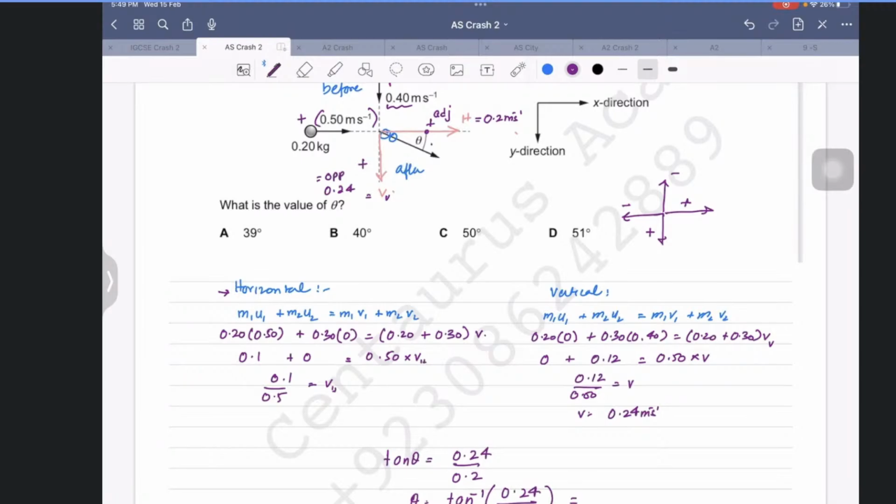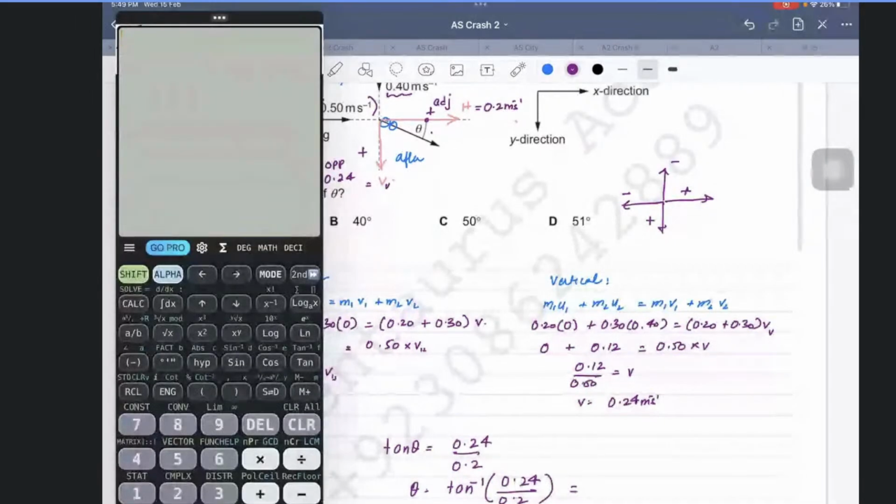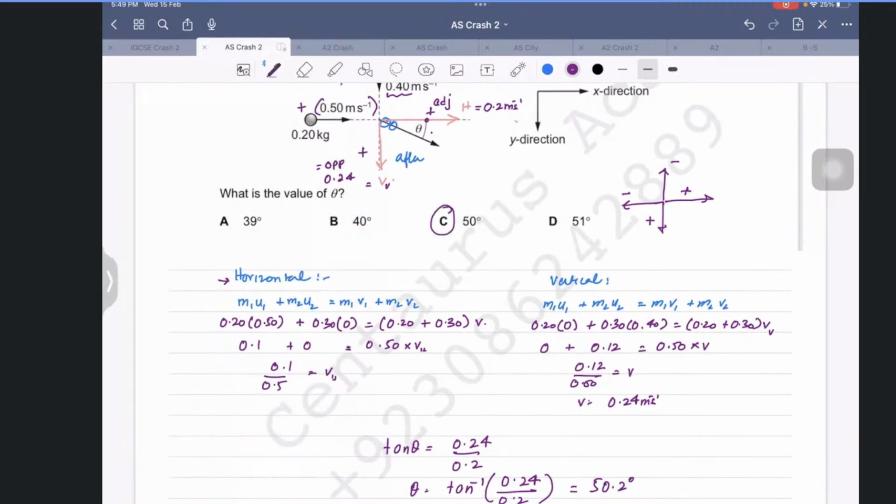Most of the people might get it wrong because you might have your calculator in radian mode because of math class. Please change that and put it to degrees, and then divide it by 0.2, and that should come out as 50.2 degrees, which is exactly this answer.